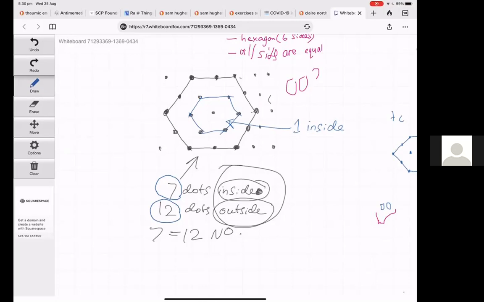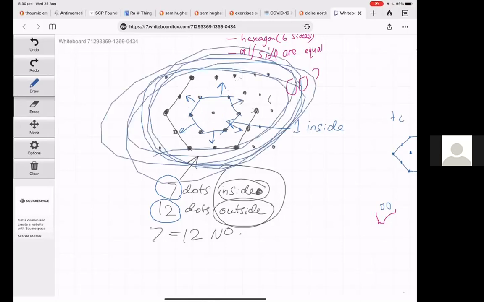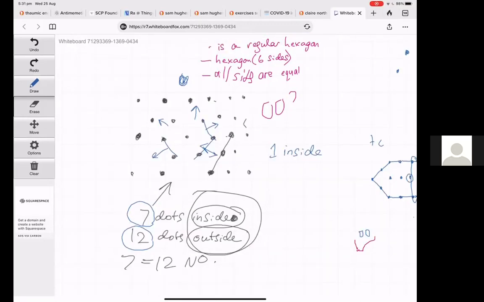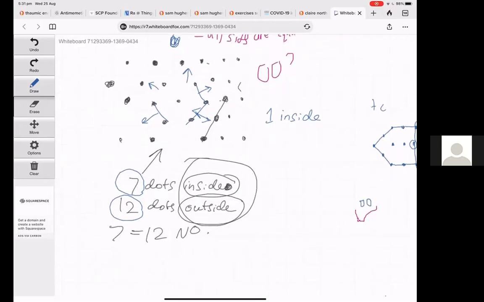True. So when you say stretch, do you mean make it bigger, like this size? No, I mean like this. So you stretch it like this.